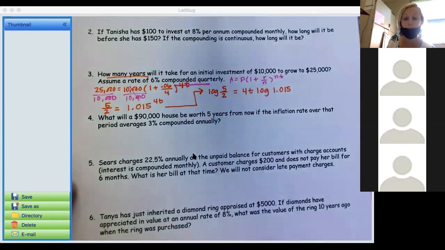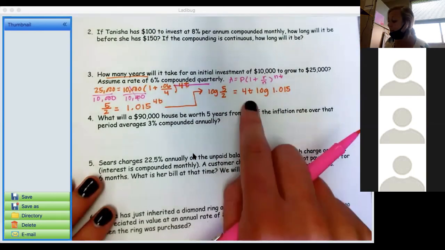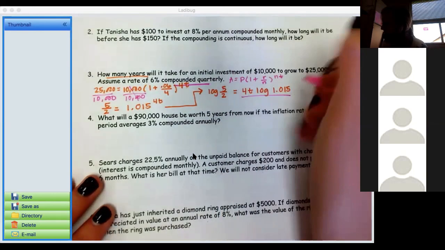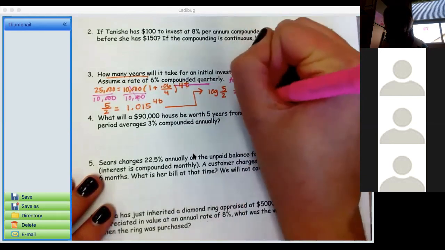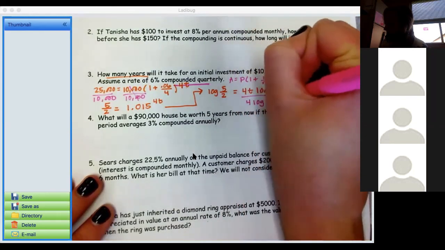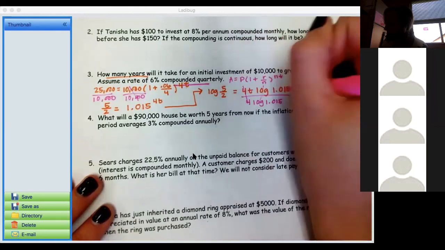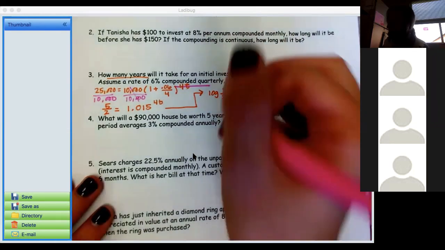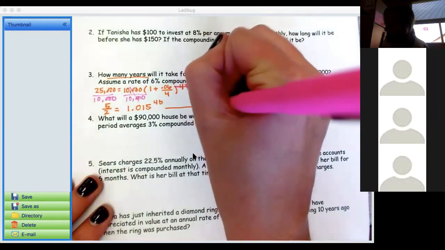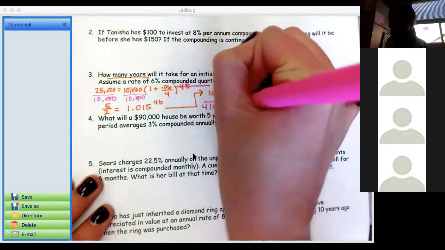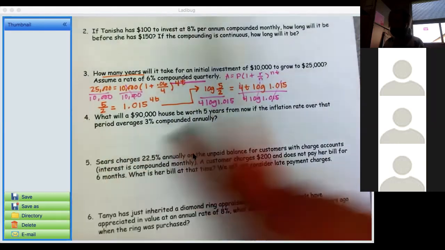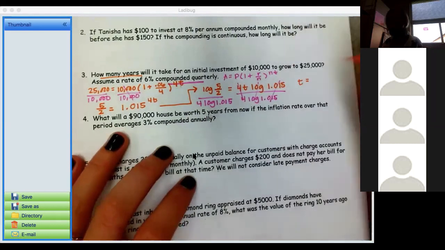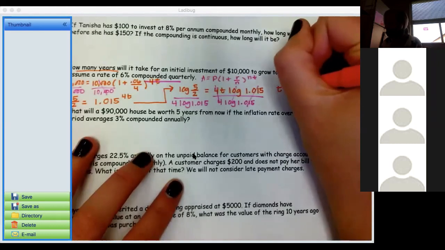Yes. Okay, so now to solve for t, you're just going to divide by 4 log of 1.015. So I'm going to divide that on both sides. So then I'm going to do that in the calculator with y'all.